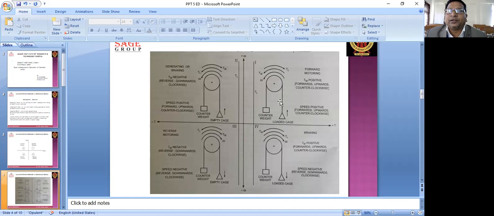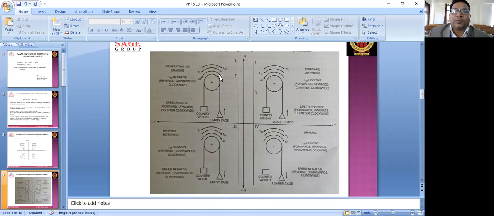In the forward motoring case, motor torque TM is positive, in the forward upward counterclockwise direction, and the speed is positive, also forward upward counterclockwise. So this is the forward motoring case. The second quadrant is the case of the empty case and counterbalance.